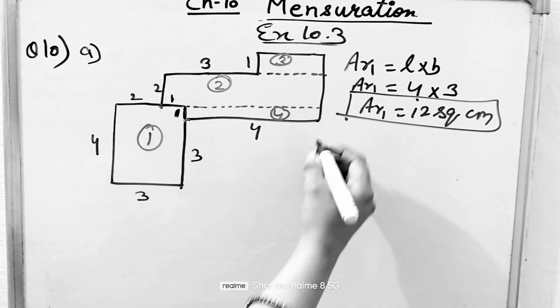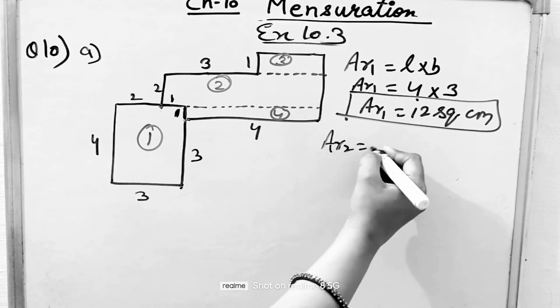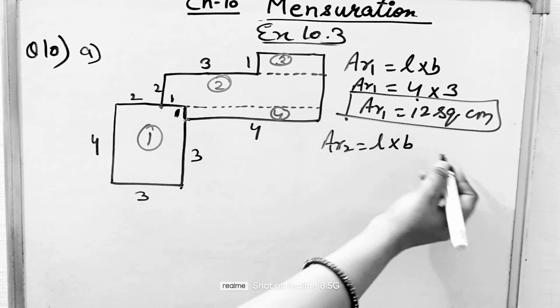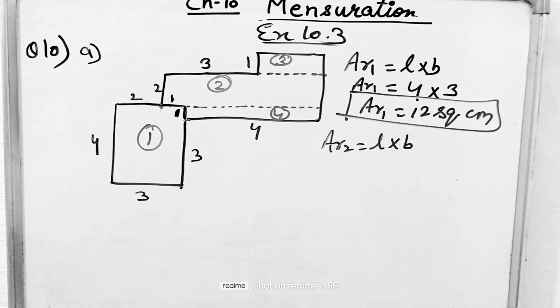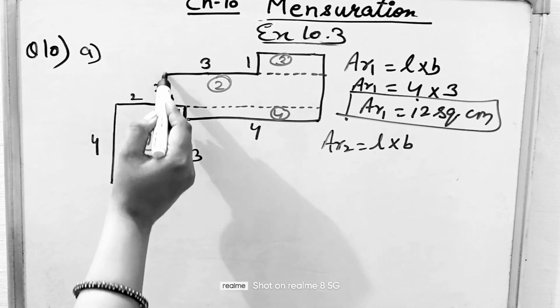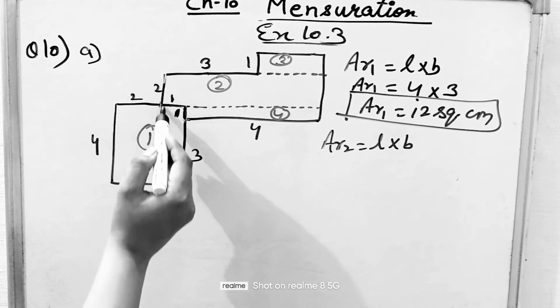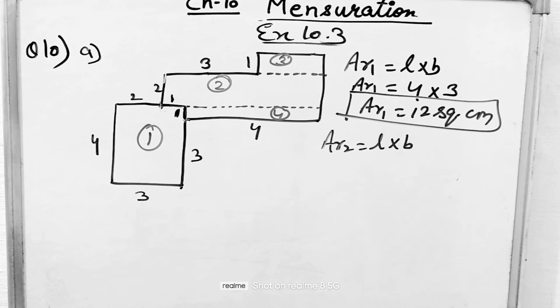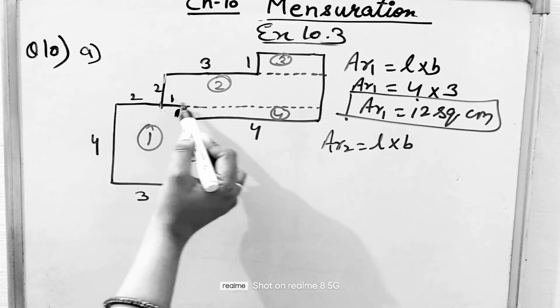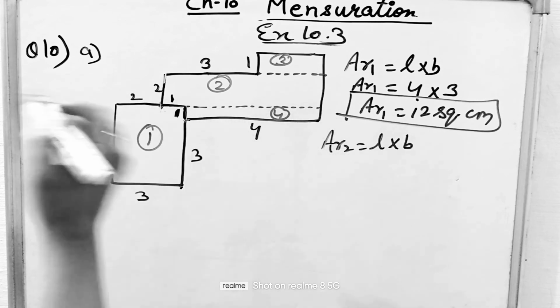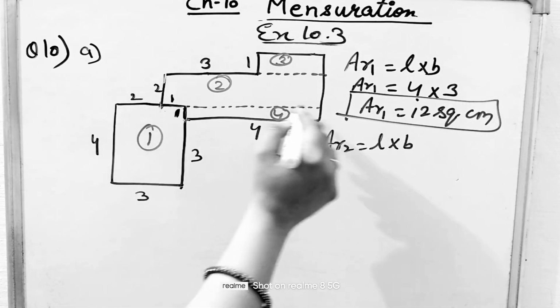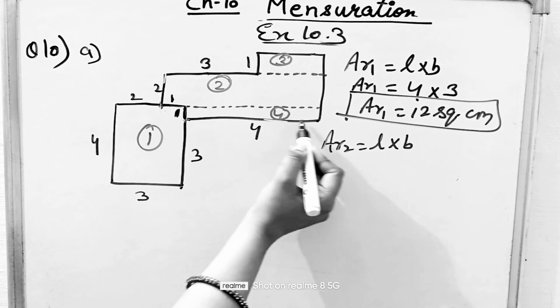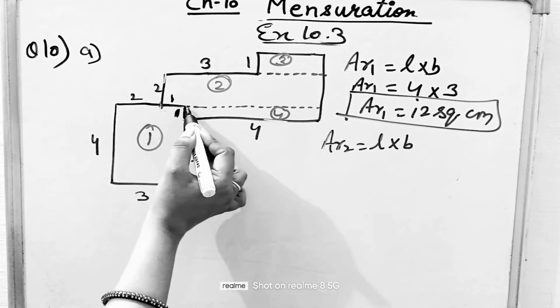Right? Come to the second rectangle. Area of 2. Now all are rectangles, so the formula will remain the same. Now in this second rectangle, we have to find the length and breadth. Breadth we can see is 2 centimeters. Width is 2 centimeters and length will be, this much is 4 and this 1 gets added to it.